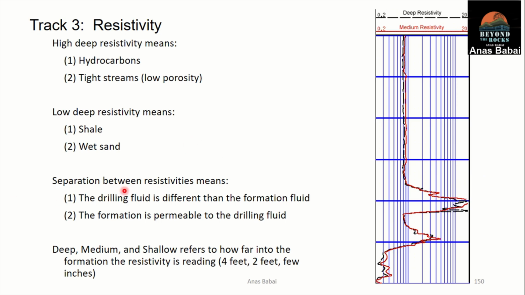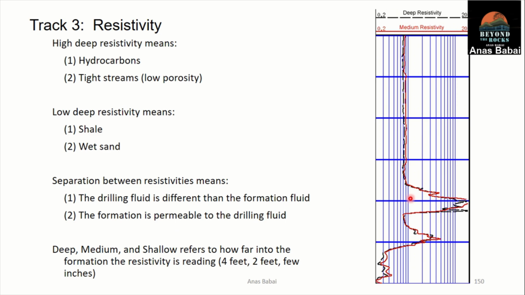If we have separation, or if you remember in the resistivity log, we talked about the invasion process, which is the movement of the drilling fluid into the formation. If we have a separation between the resistivity curves, that means that the formation is permeable, and there is a different fluid in the formation.